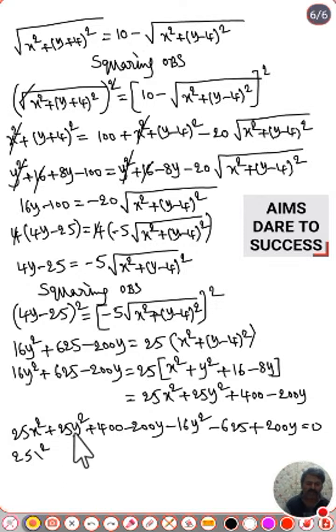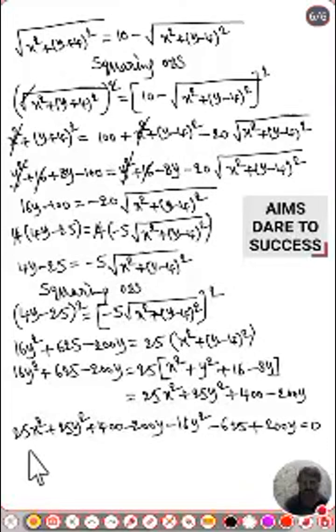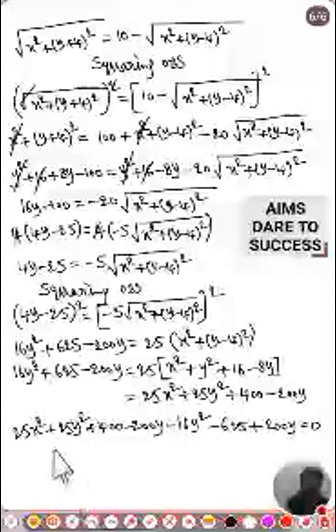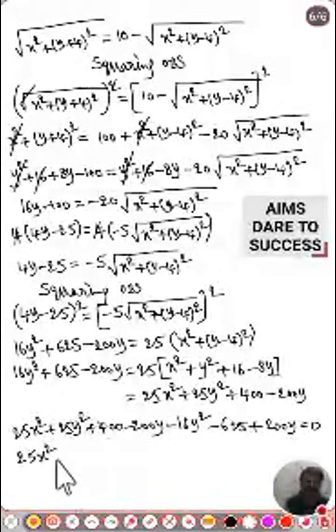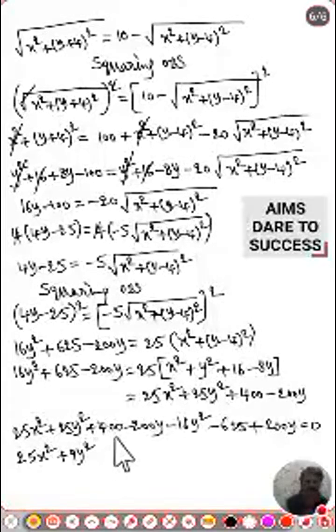Next, 25y square minus 16y square is 9y square. 25x square, 25y square minus 16y square is 9y square.